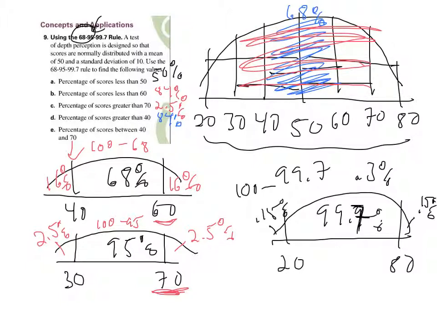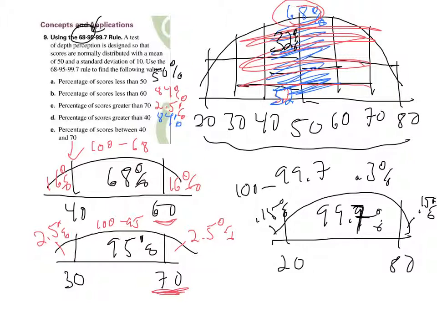I guess the best way to approach this to help you understand it is, if this is 68%, I know that half of it, the left side, is 34%. So 34% of the distribution falls between 40 and 50.